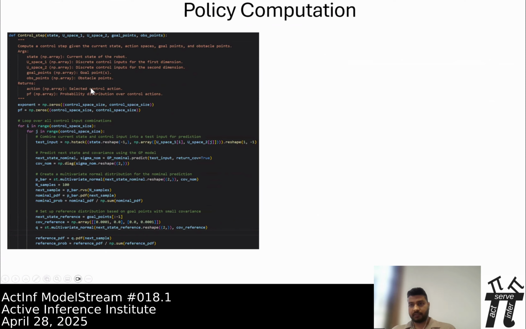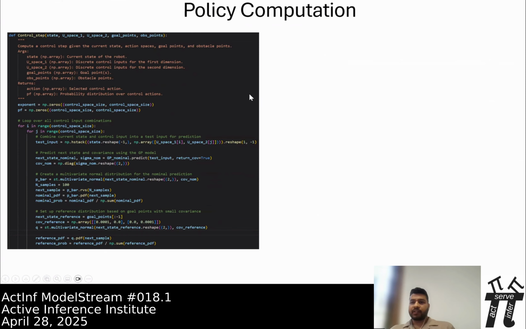We take the combination of actions, give this action to the Gaussian process model, and predict the next possible state. The Gaussian process model gives you a mean and a covariance. Here, the next state nominal is the mean of the Gaussian process, and sigma norm is the covariance.